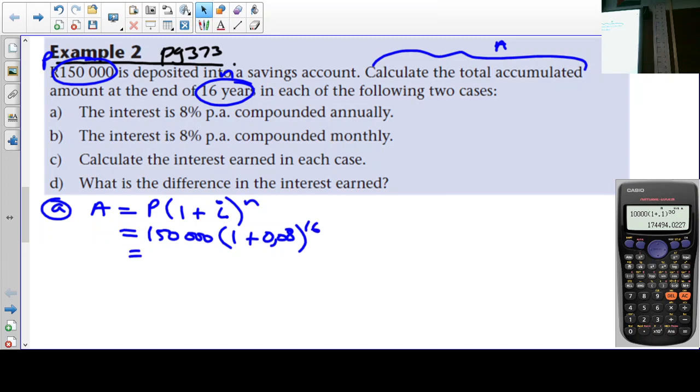So that gives us 150,000 into 1 plus 0.08 to the exponent 16.